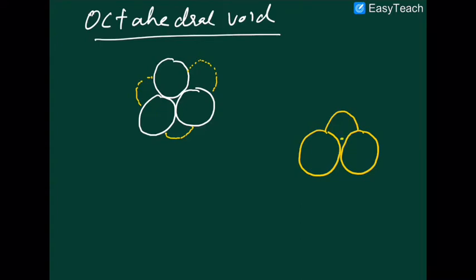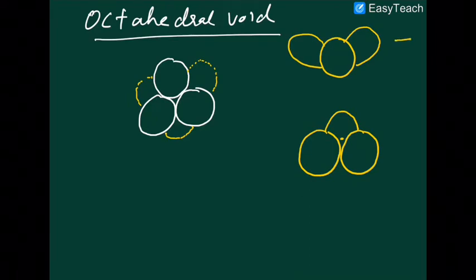Now here you are tracing the 2 front spheres. Here you will trace only 1 front sphere and then draw the 2 back spheres. Why is it so?